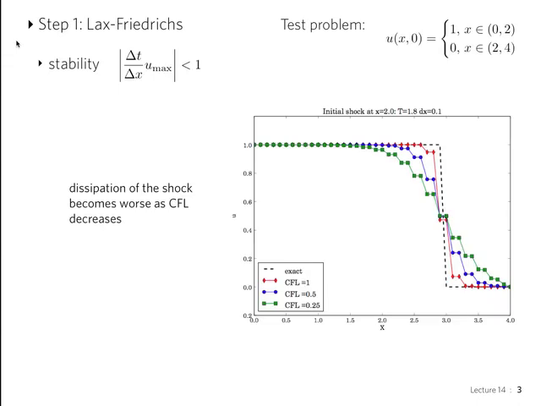This is also a good take-home message that the shock becomes worse as the CFL decreases. Now, you have to understand why this happens, because if you go to CFD Online and see students discussing things, you'll see people saying, I've heard that numerical schemes are worse with smaller CFL number.